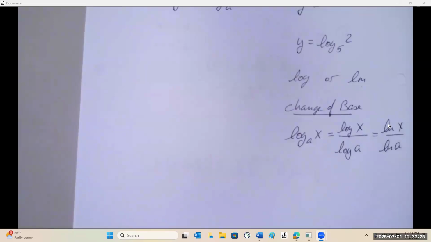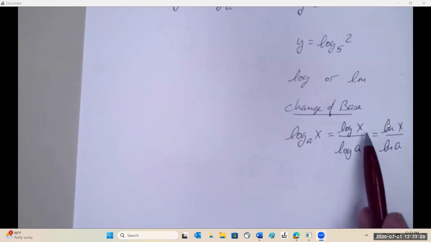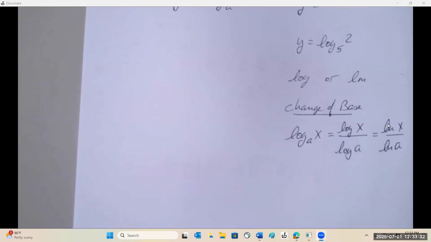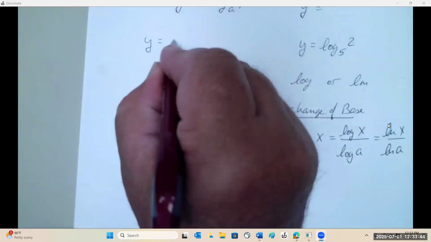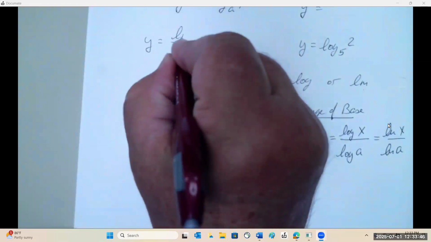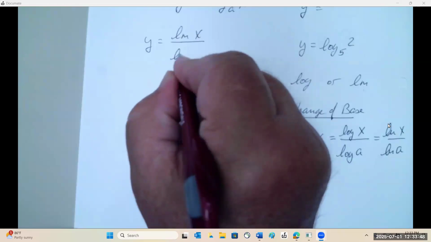The ratios will be the same values. So we convert a log base anything into that. To find the derivative of this, I would change this to ln x over ln a.